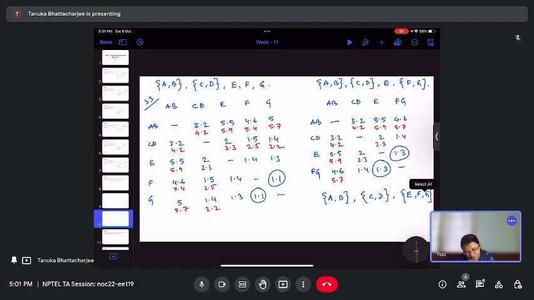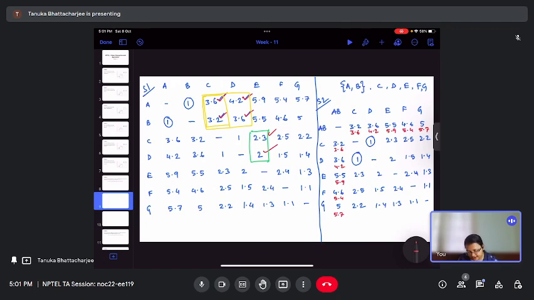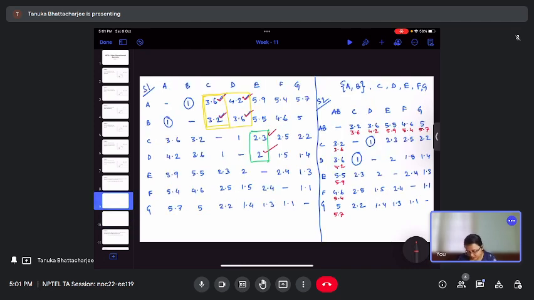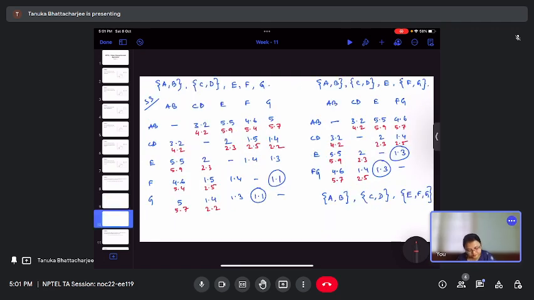Then CD and FG will be 2.5. So you see that the distance which was 1.4 is now 2.5. Now E with FG, this distance will be 2.4.